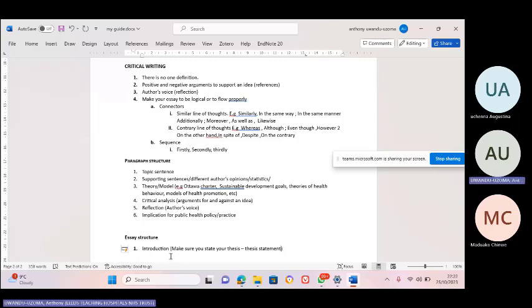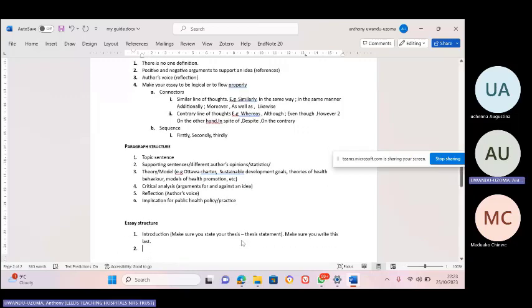For example, if they say using the principles of public health, I think it's better I just show you an example, but let me just finish. Make sure you write the introduction last. After you finish your essay, you now write your introduction.